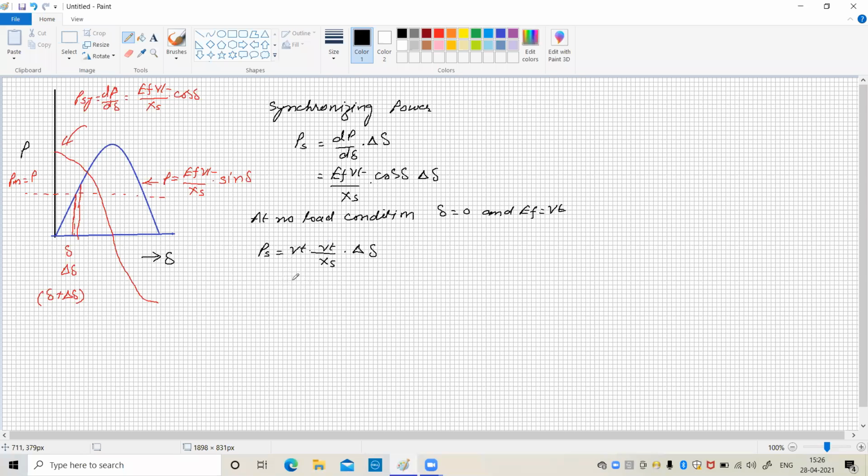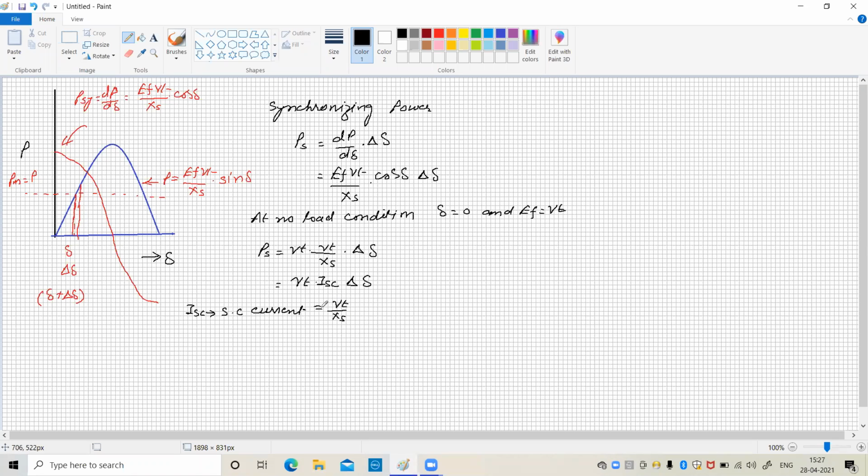Therefore, we can write Vt into Isc into delta del. So Isc is nothing but the short circuit current, which is equal to terminal voltage upon synchronous reactance per phase.